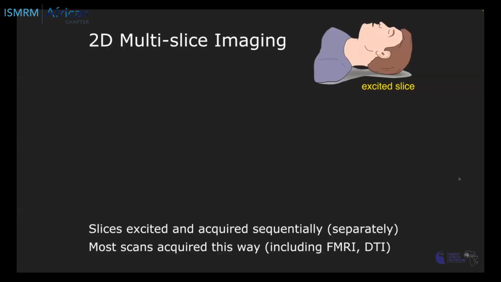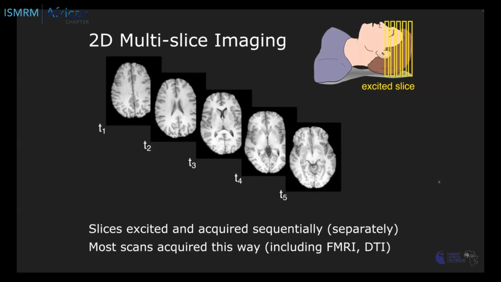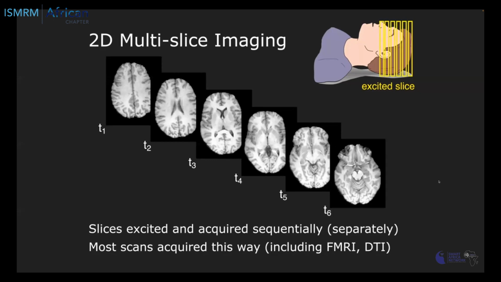So I mentioned that we can use gradients to create these spatial patterns and map K-space in 2 dimensions or 3 dimensions. One of the ways that we do 2-dimensional imaging is through the use of slice selective excitation. If you want to be able to map one 2D slice at a time, you need some way to selectively excite only one slice of tissue. So we design RF pulses in such a way that the RF pulse used at any given time only excites a single slice.